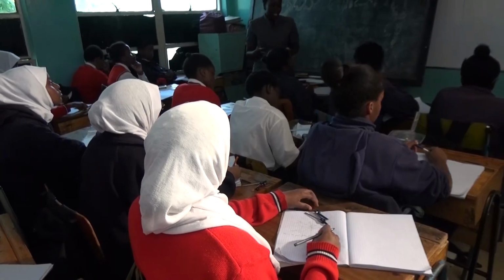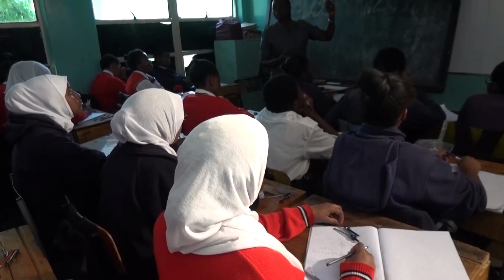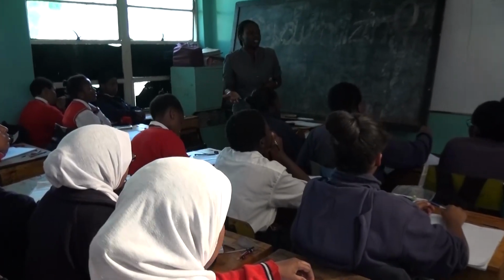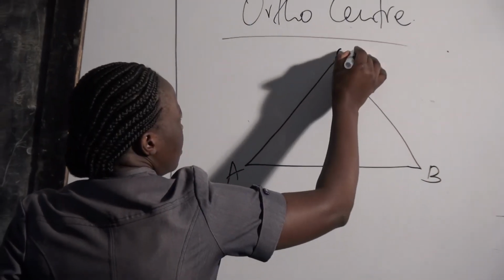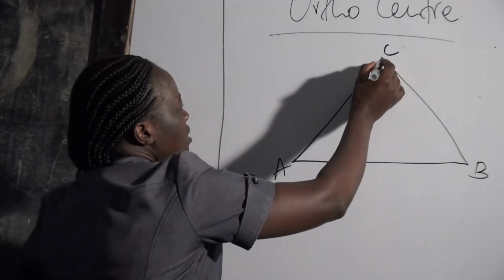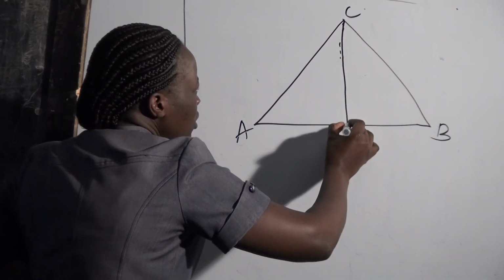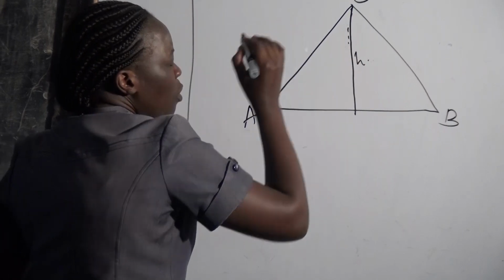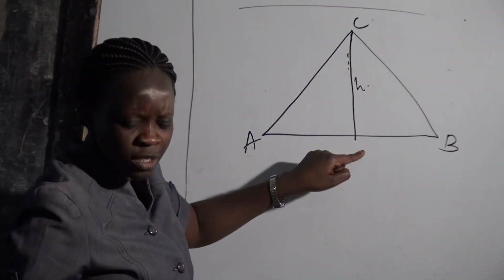Can we get height in a triangle? Yes, from one vertex to the base. So if I drop this line down here, maybe I just use a continuous line, this will be the height. So this one will be an altitude.